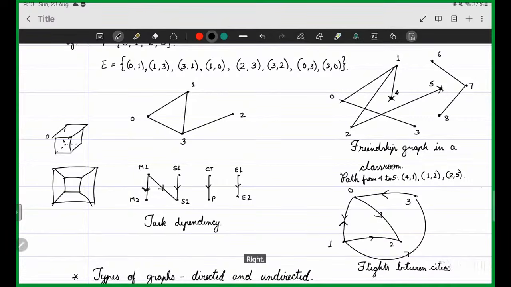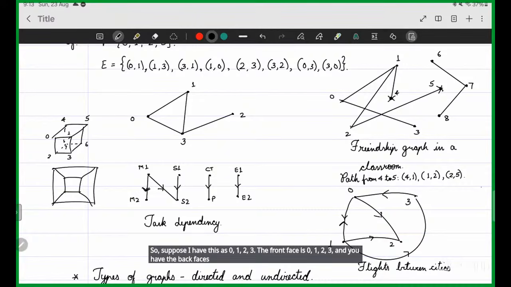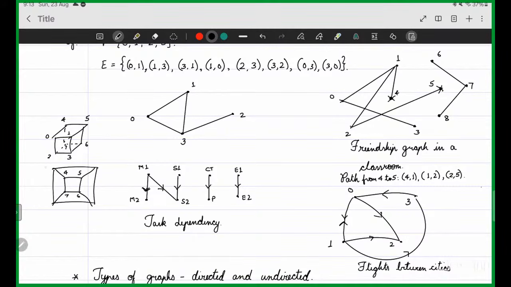So suppose I have this as 0, 1, 2, 3. The front face is 0, 1, 2, 3, and you have the back face as 4, 5, 6, 7. I can do this. Okay, so that is why Madhavan sir in the lecture did the India map. That is one more thing, but a map is planar anyway.